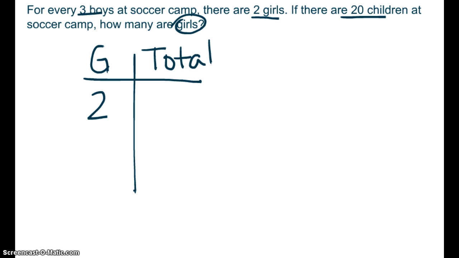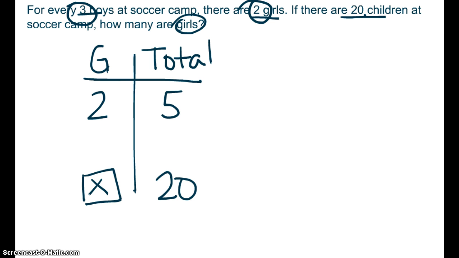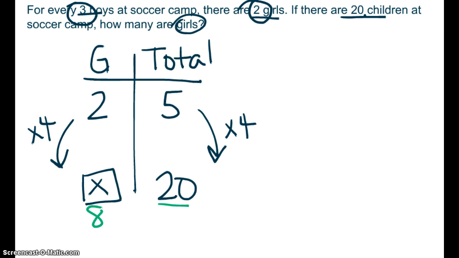My total number has to be 5 because there are 2 girls and 3 boys, which gives me a total of 5 kids. And I'm looking for what if there are a total of 20 kids, that would be X number of girls. So now I'm going to look at my vertical relationship, and I can multiply by 4. So for every 20 children, 8 should be girls.